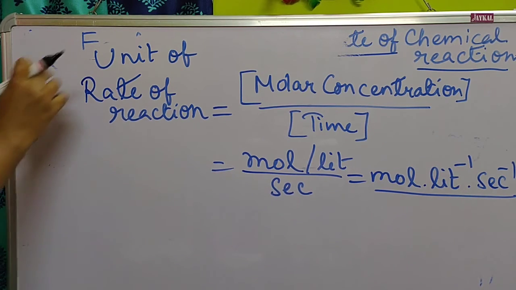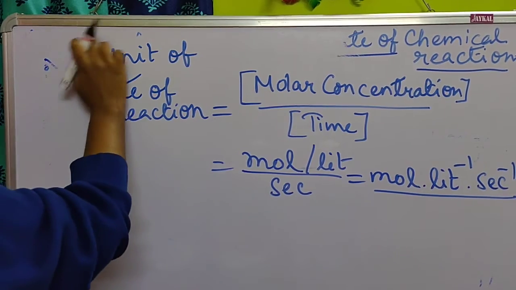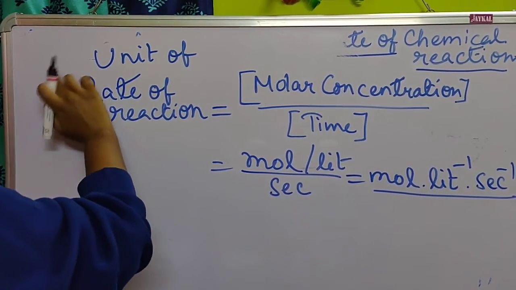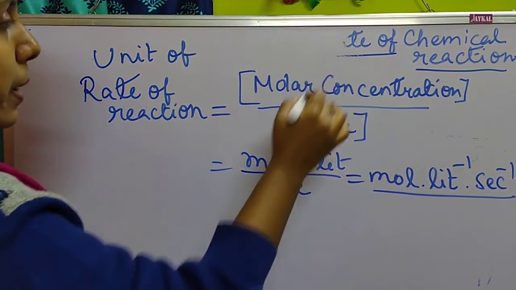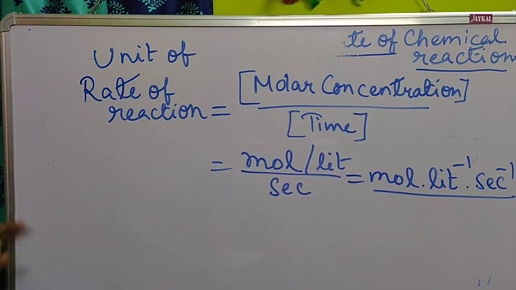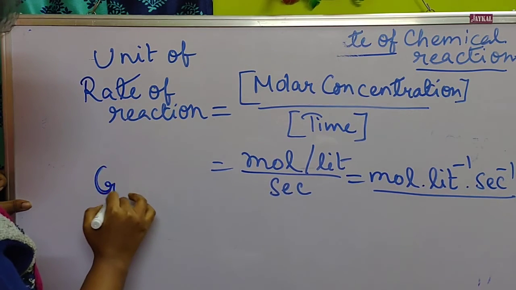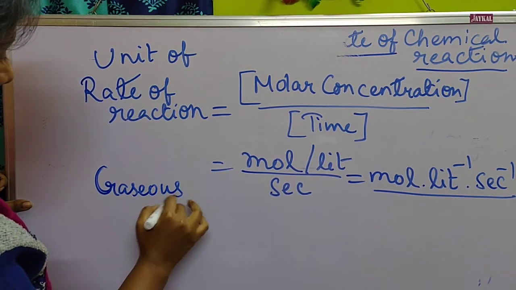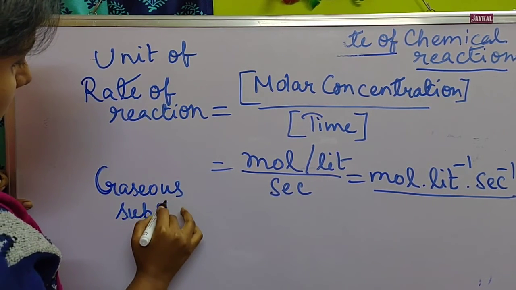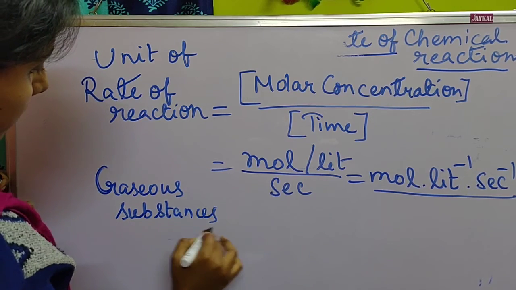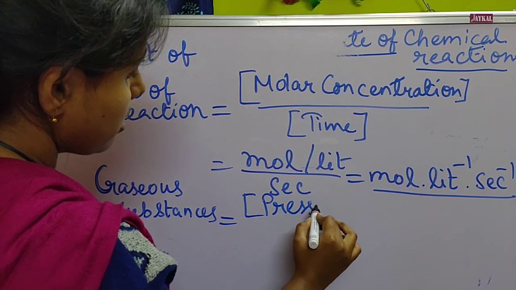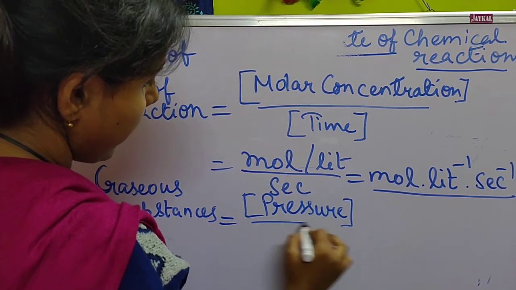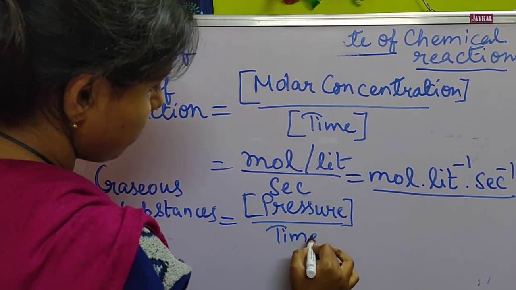If we take gaseous substances, we can express this in terms of pressure. For gaseous substances, you write change in pressure divided by time.